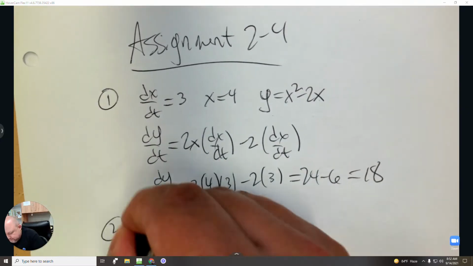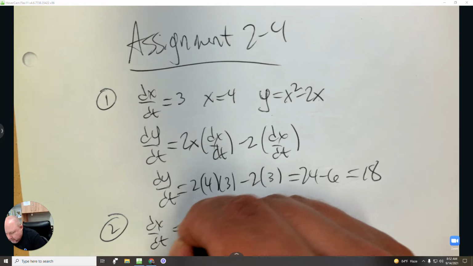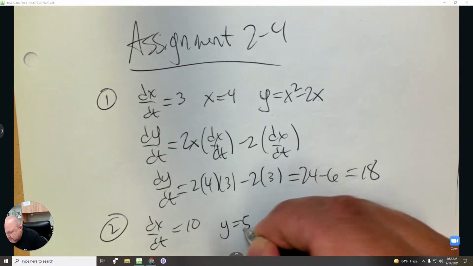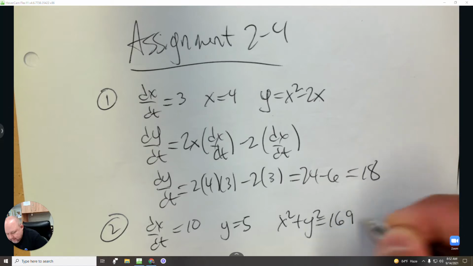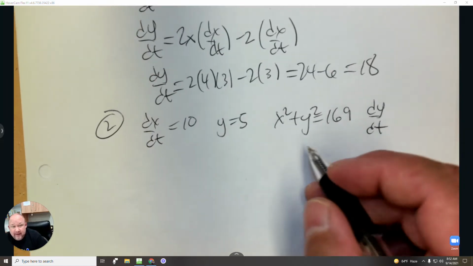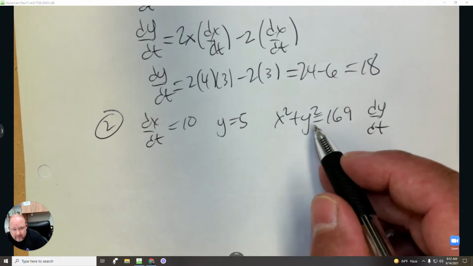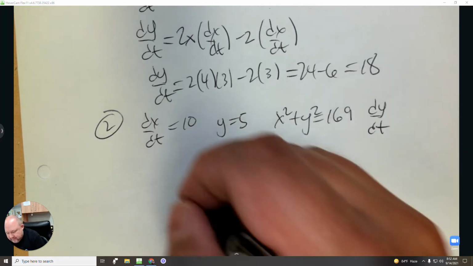Number 2. In number 2, dx/dt equals 10, y equals 5, and we have an implicit equation, and my goal is to find dy/dt. So step 1 again, I'm going to take the derivative. There are two variables, but we can handle two variables because we have enough information to do it.